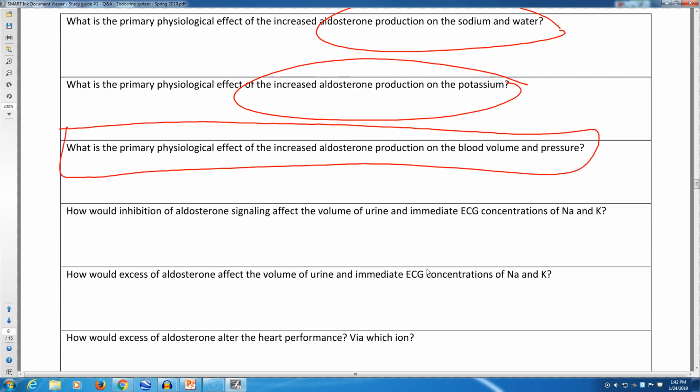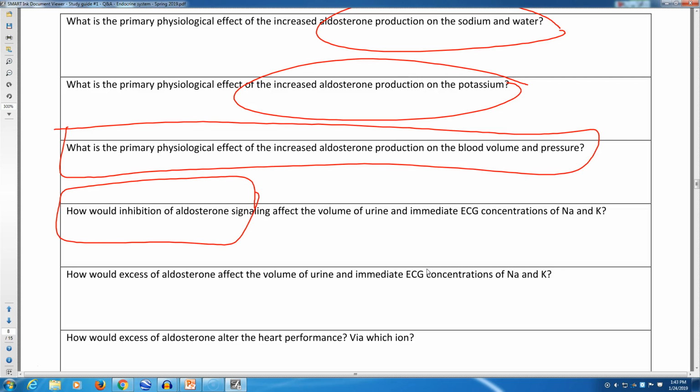So that's a reiteration of what we said before. If you inhibit aldosterone, what's going to happen to the amount of urine that you produce? Aldosterone retains sodium and water. So if you inhibit it, yes, you will produce more urine. You will also excrete sodium with urine. That makes sense?